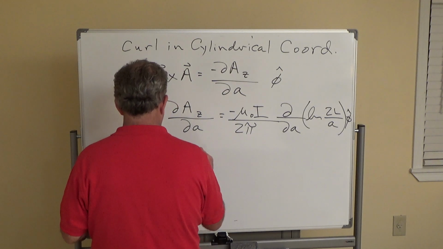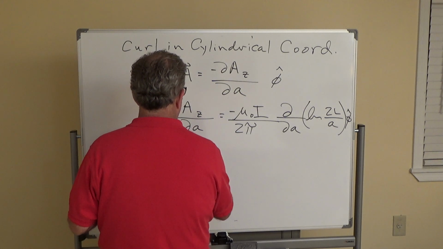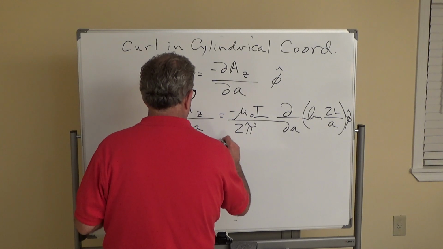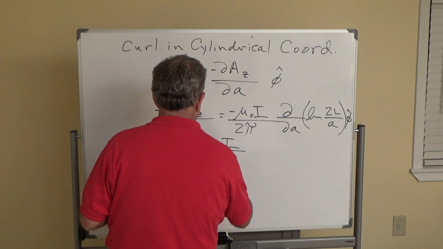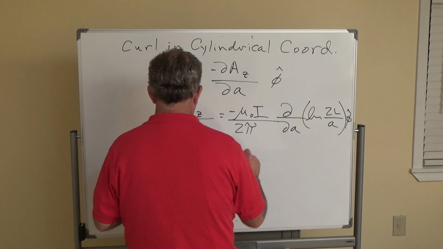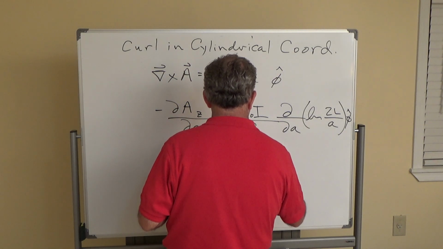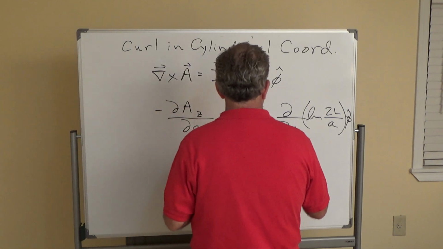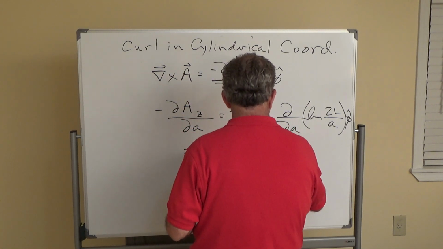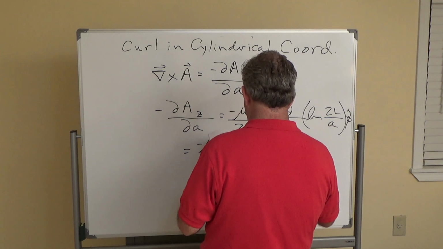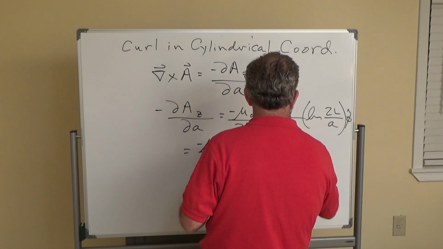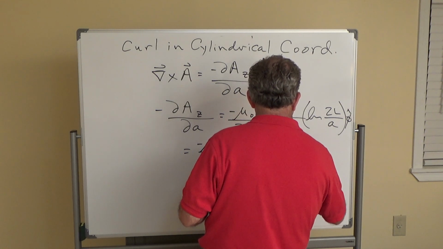This equals minus mu naught I over 2 pi times a over 2L times minus 2L over a squared.